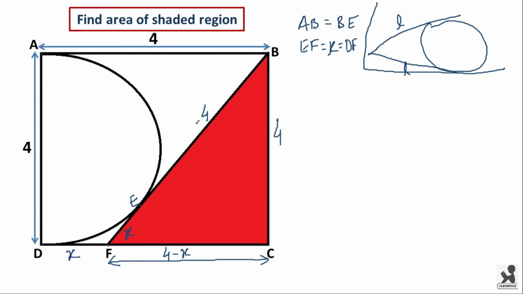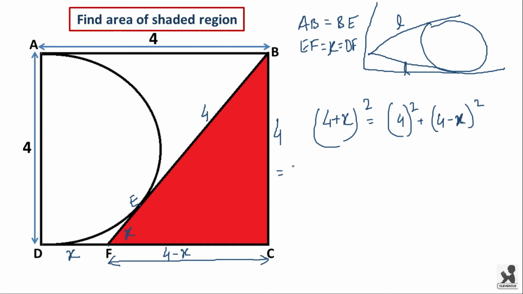Now we can use the Pythagoras theorem to solve for the value of x. From here we can say that (4 + x)² is equal to 4² + (4 − x)².